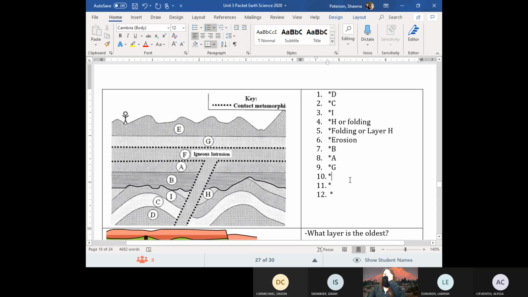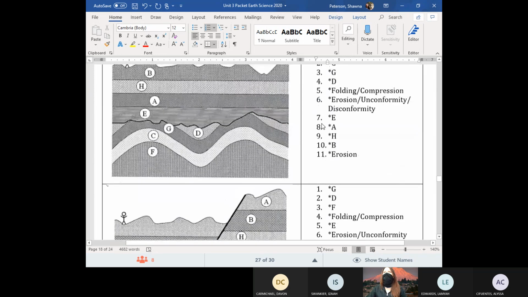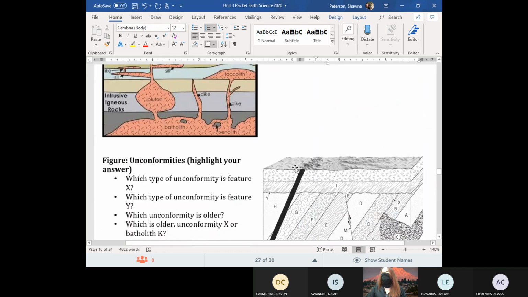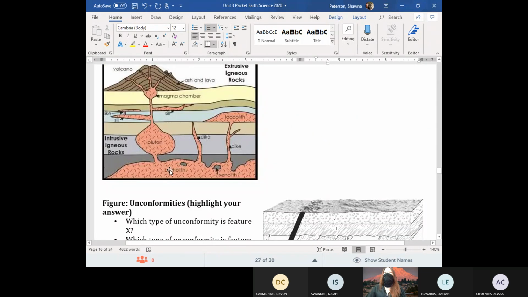Because layer F is an igneous intrusion. So we have our dike leading up to a sill, if you remember your plutons and all of that stuff that we did last week. So we have what would be a dike, if you ignore this pluton right there.